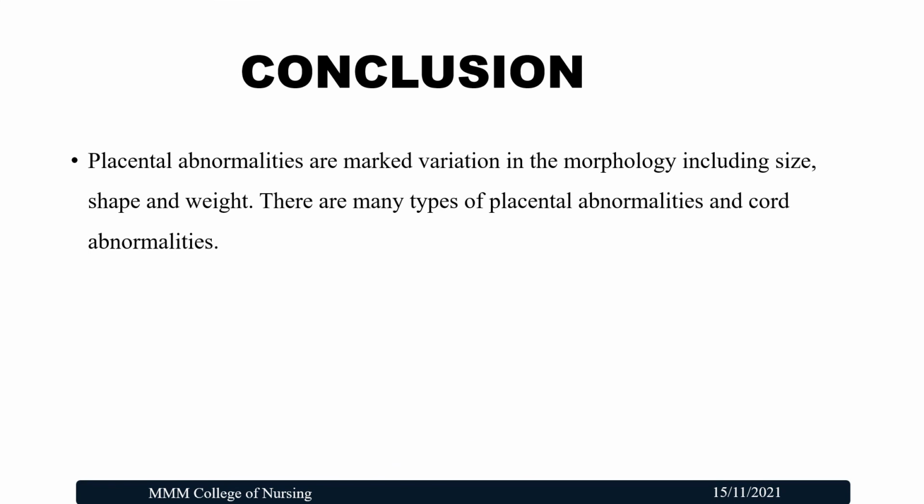So in this session, we dealt with placental abnormalities. We have seen what the placental abnormalities are. There are 7 main types of placental abnormalities: placenta bilobate or multilobed placenta, placenta succenturiata, placenta membranacea, ring-shaped placenta, placenta fenestrata, placenta extrachorialis, circumvallate placenta, and placenta marginata.